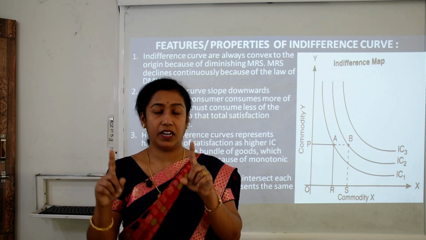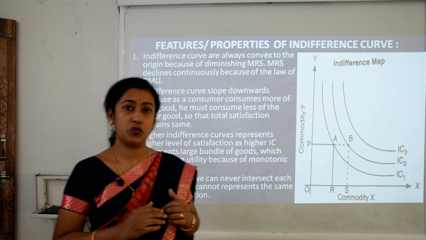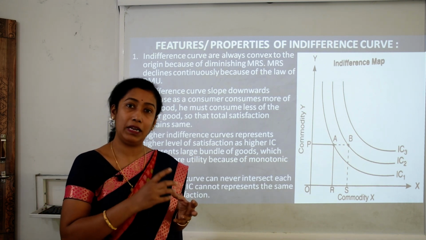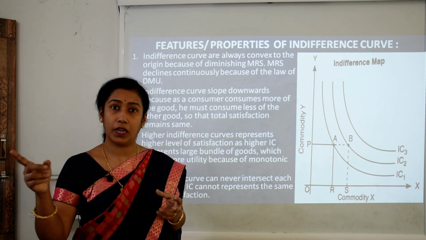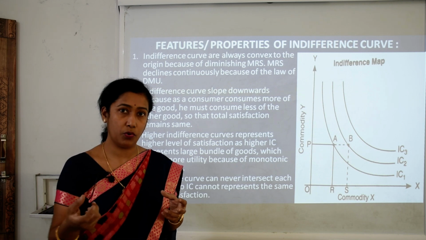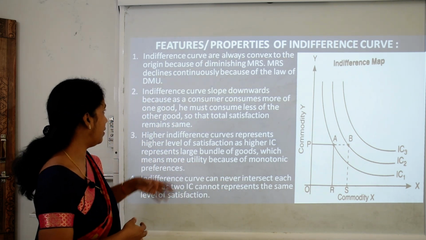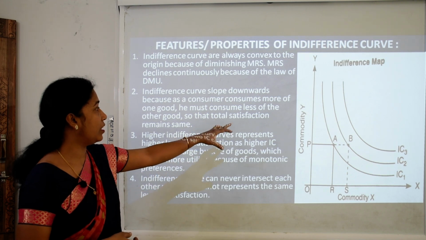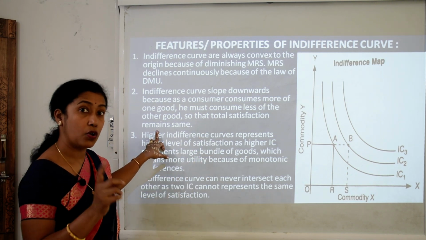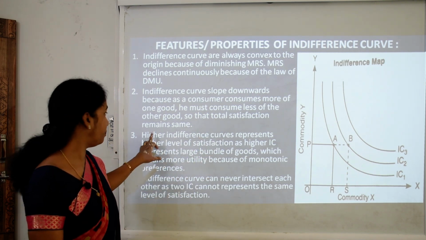That means if a person is consuming any particular commodity less, then he should consume the second commodity more. So this combination he needs to take care of, then only his total satisfaction from both the goods remains the same.